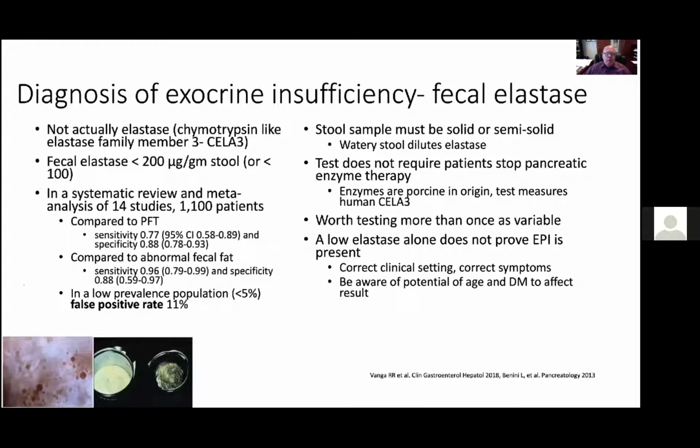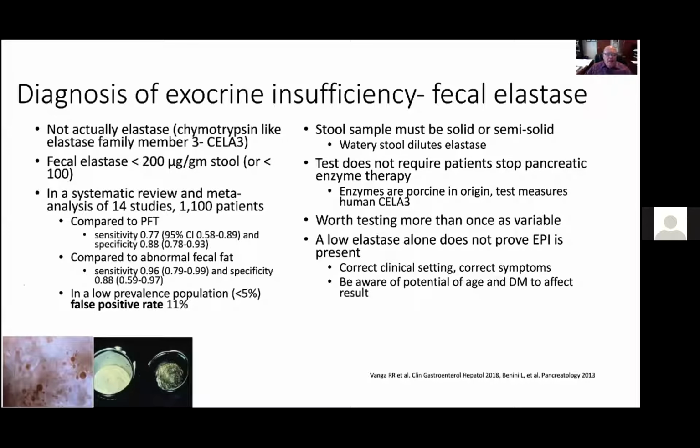And one of the challenges in knowing who does and who does not have exocrine insufficiency is we don't have very good diagnostic testing. We rely a lot on fecal elastase, which is actually not fecal elastase. It's a different protein. And we use various cutoffs, less than 200 micrograms per gram of stool, or less than 100. The lower the cutoff, the more specific is the test.